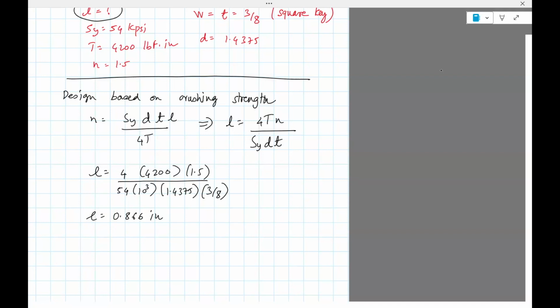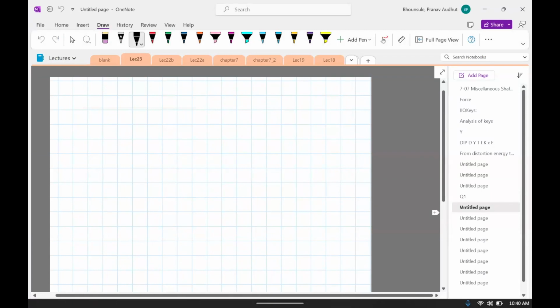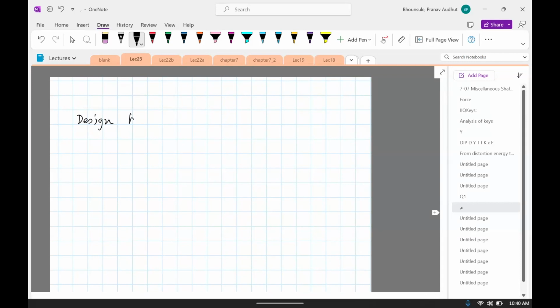So this is, let's call this L1, 0.866. Let's do design based on shear strength.